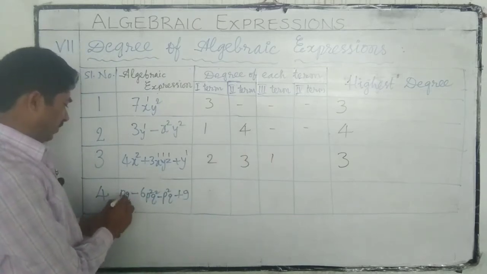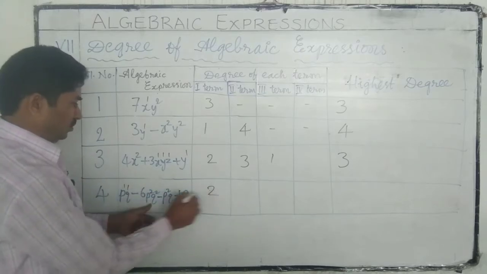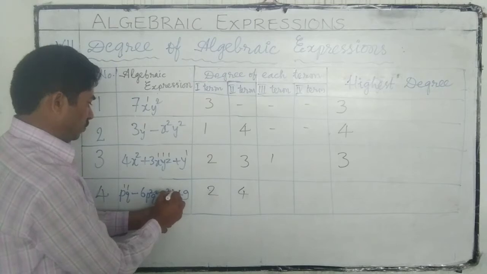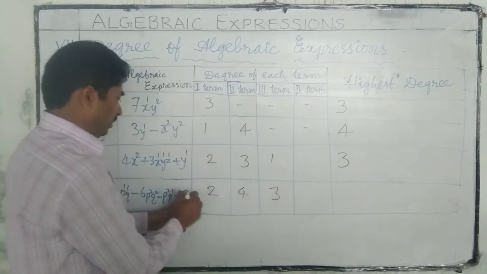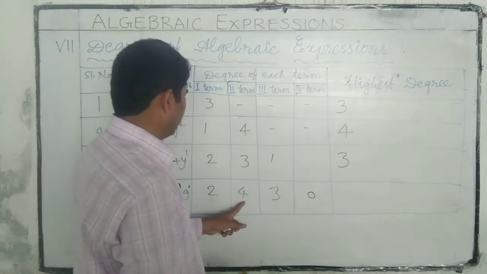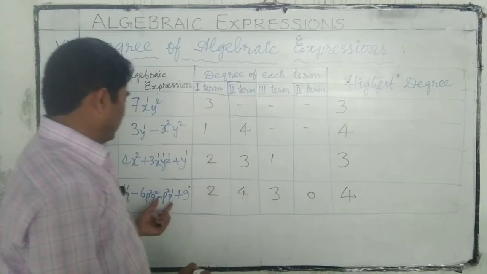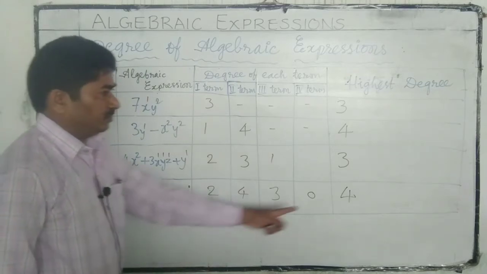Next example 4, 1 plus 1 2, 2 plus 2 4, 2 plus 1 3, constant is 0. So highest degree is 4. So degree of this algebraic expression is 4.